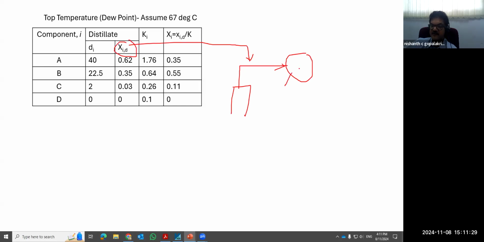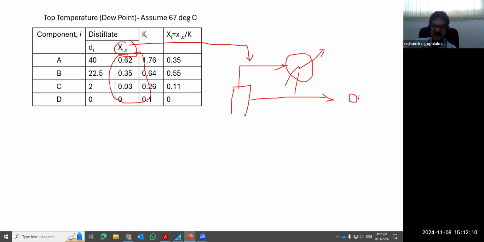Once it reaches the condenser, you condense it and collect your distillate here. So the condenser does not really change the composition. All the condenser does is, once you reach the desired composition, it just condenses everything into liquid. But before it enters the condenser, it's in the form of vapor. So that means the distillate composition actually refers to the vapor composition.